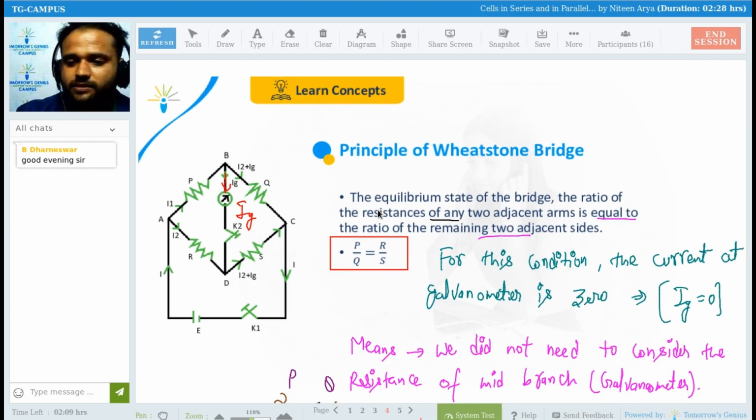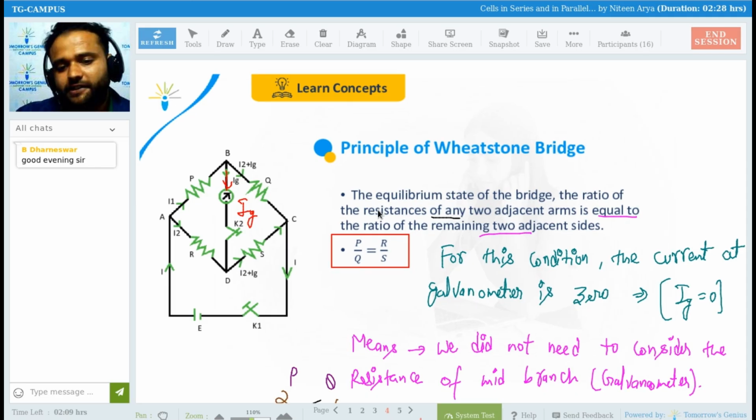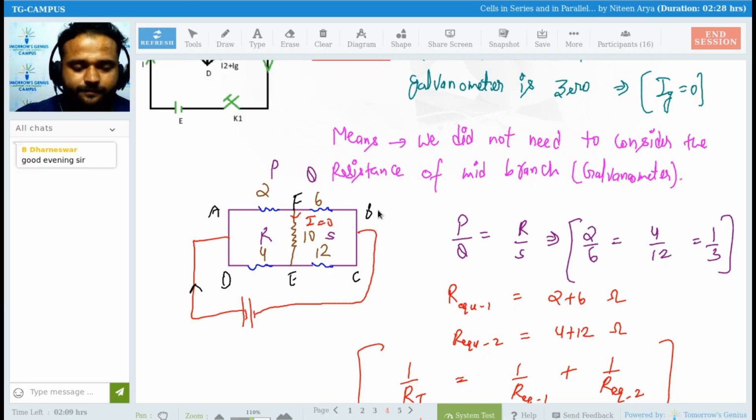Why are we doing this? That is the catch. This particular thing we are going to follow till the meter bridge. Clear? Instead of a simple resistance like this or an instrument, in the meter bridge we have a meter-long wire, and we need to find the resistance of the wire.